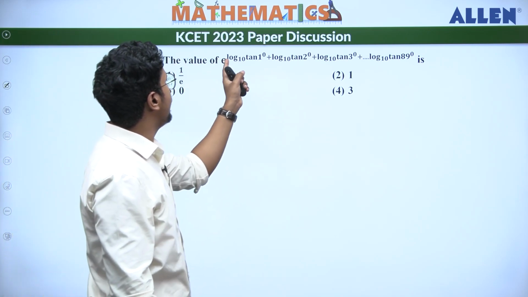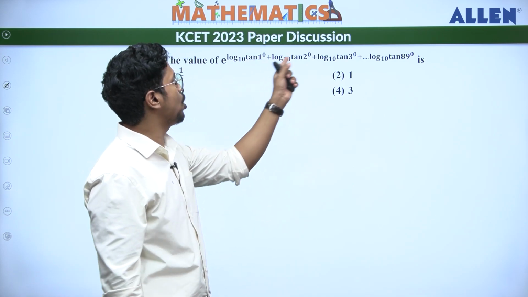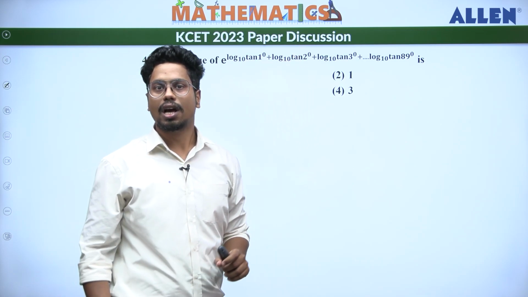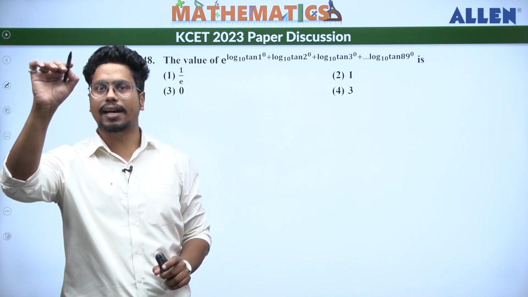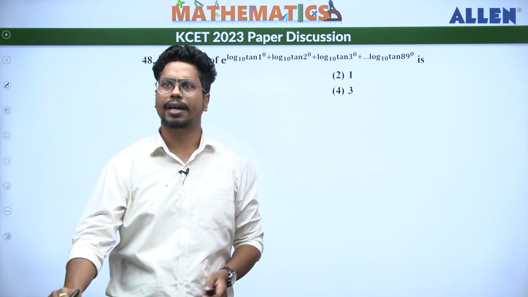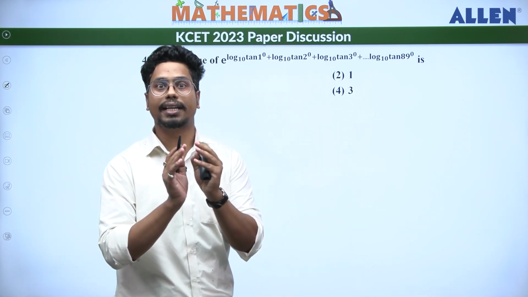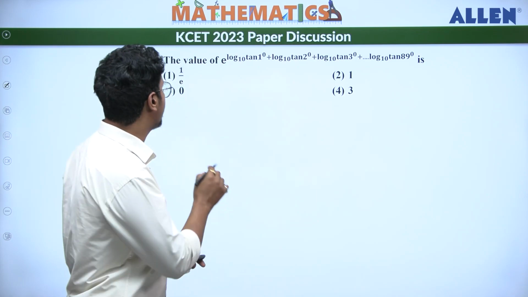Now 48. The value of e to the power log of 1 degree with a base 10 plus log of 2 degree with a base 10, and so on. You know very well, log a plus log b is equal to log of a into b. So all these logarithms which you are adding will get multiplied. The data inside the logarithm will get multiplied.